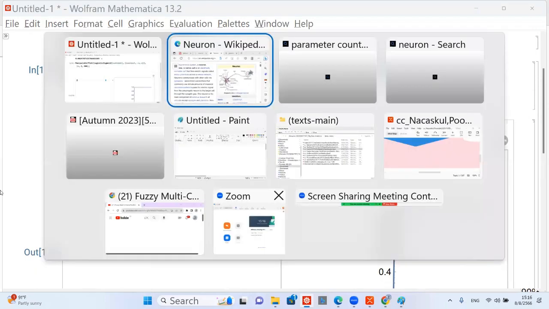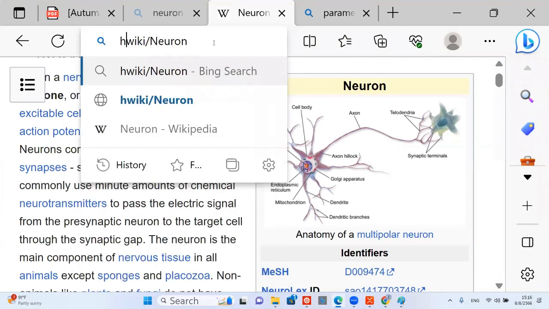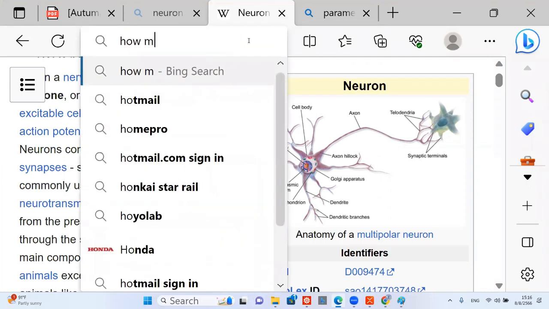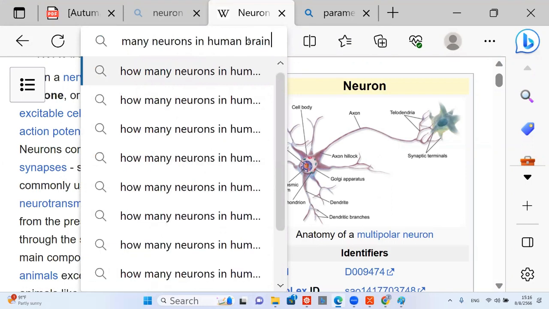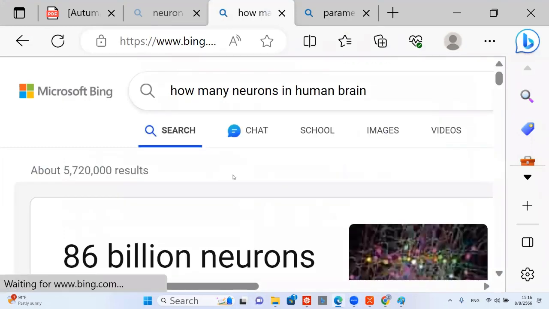Let's settle that. How many neurons do you have? Yeah, it's approximately a similar number. How many neurons in a human brain? 86. Okay, 86 billion. It's like how many stars in a galaxy.